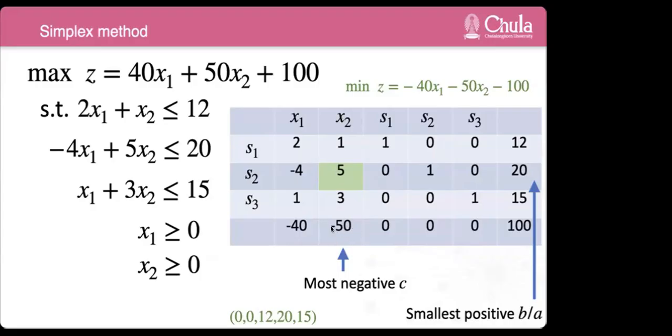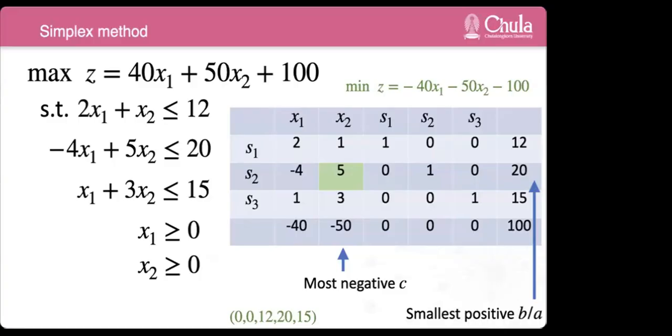You look at this column, x2. In the next round, we will add x2 to our basic variables. Now it is a non-basic variable, but in the next round, it will be a basic variable.